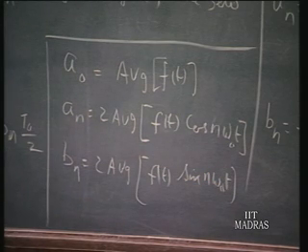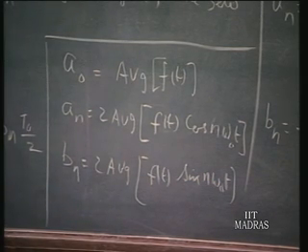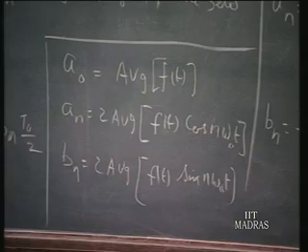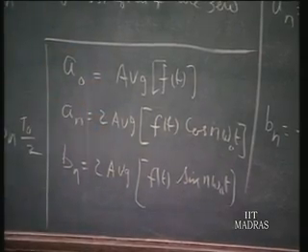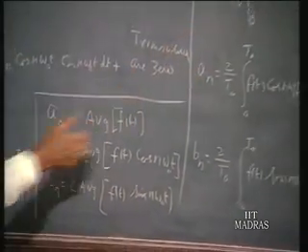So, these are the three integrals that one makes use of to evaluate the various Fourier coefficients. It is easy to remember this in this form, or certainly these are equivalent to this.